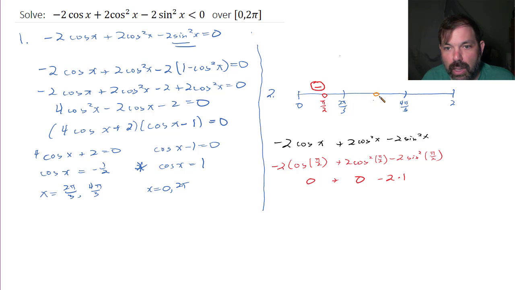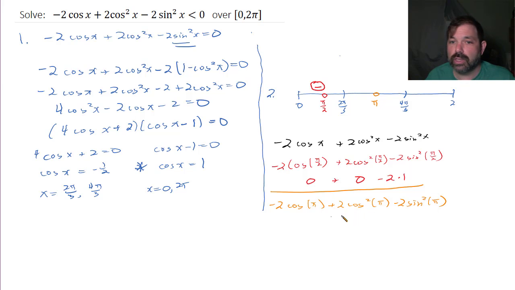Alright, let me test between 2 pi over 3 and 4 pi over 3. Let me test at pi. So I'd have negative 2 cosine pi plus 2 cosine square of pi minus 2 sine square of pi. Pi is a relatively easy number to work with.